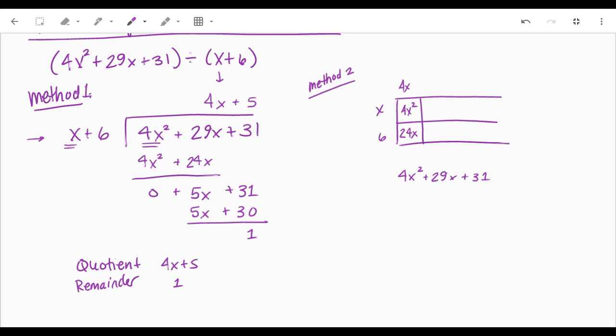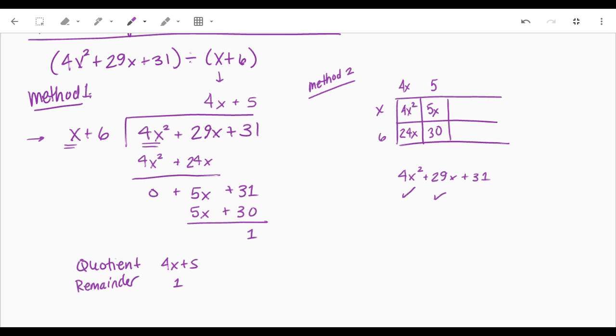Okay, so we took care of our 4x squared. Our goal is 29x, and we have 24x, so we knew that this had to be a 5x. That would get us our goal of 29x, which means the 5 had to go here, which gave us a 30.